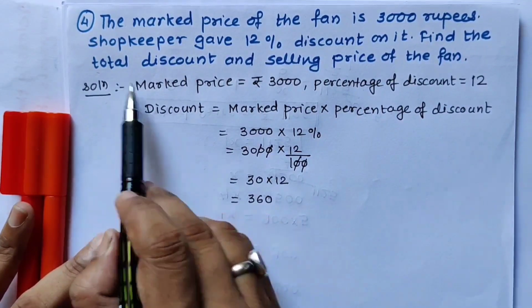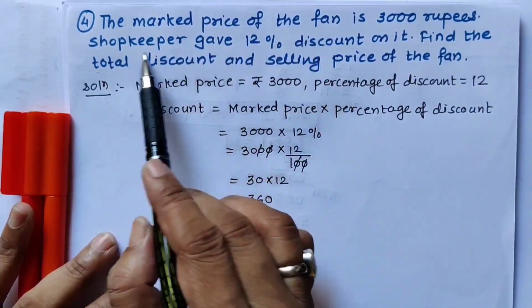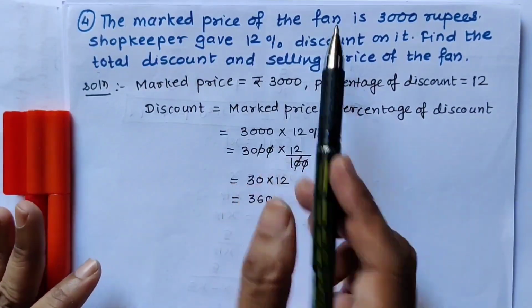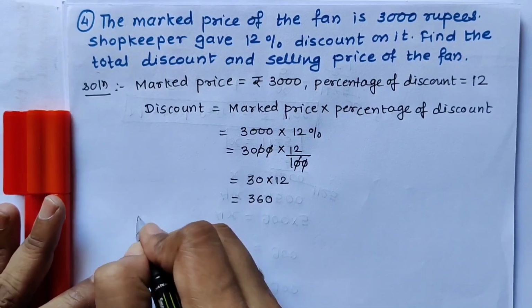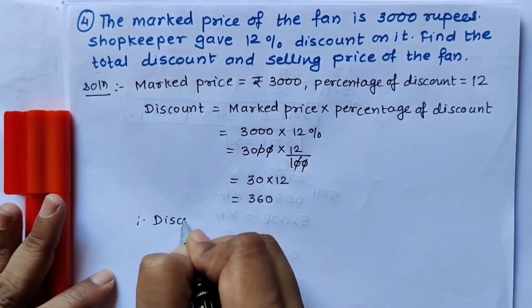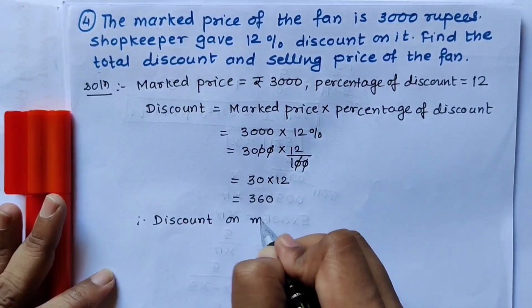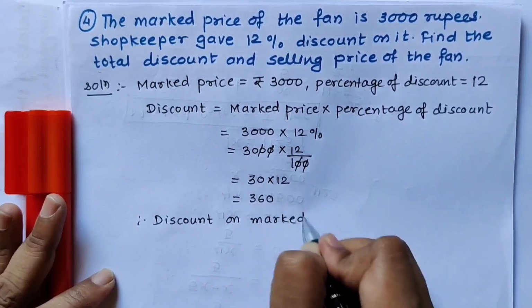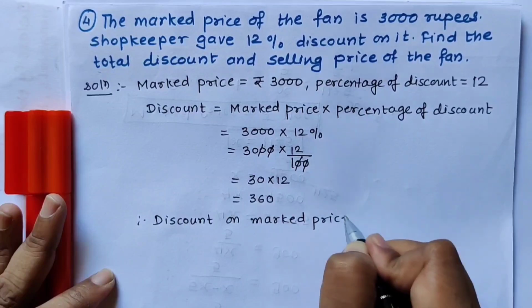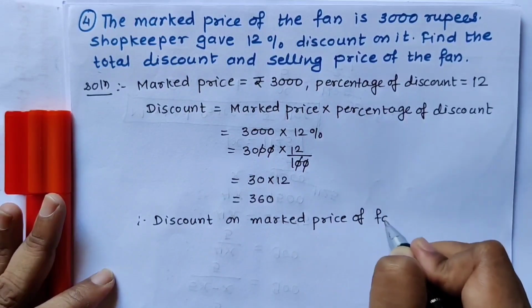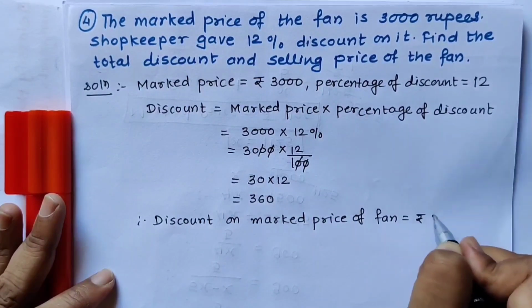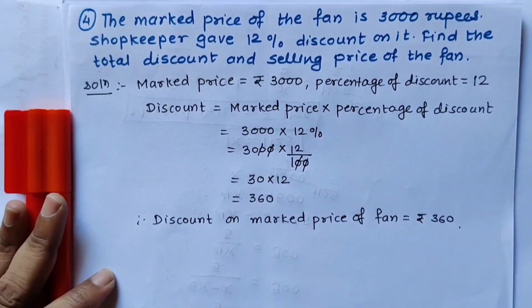So discount we have got on the fan. Therefore discount on marked price of fan is equal to rupees 360. Discount we have got rupees 360.